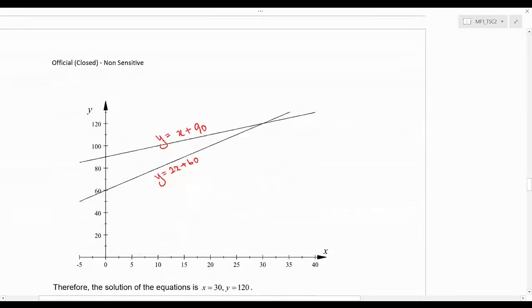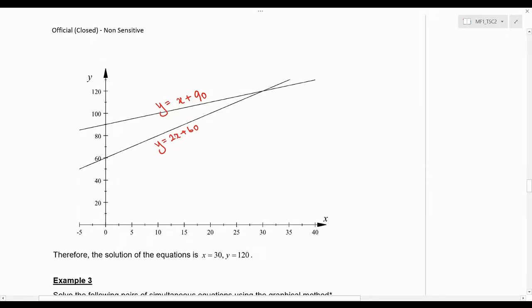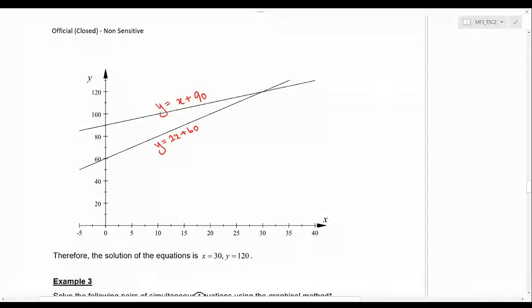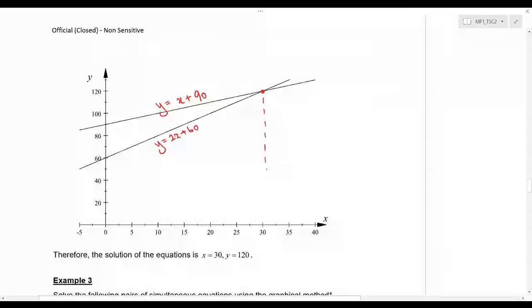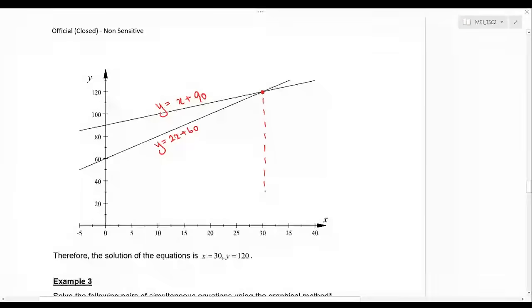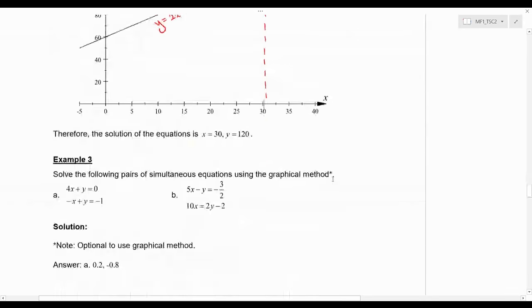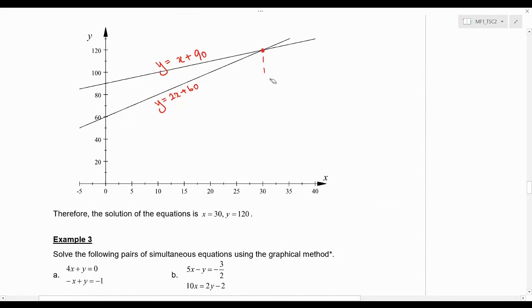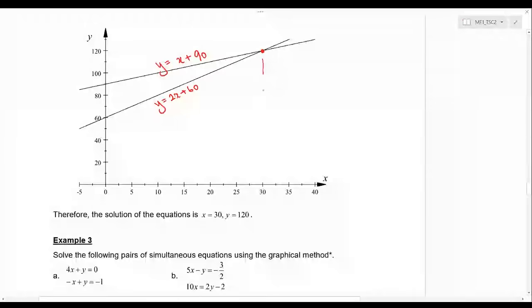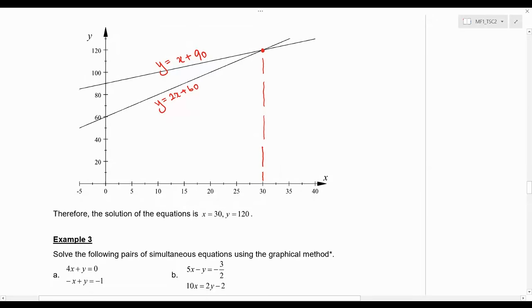So you draw these two equations and then you will see that there is one intersection, and if you draw your graph accurately, you will be able to read off the answer. Oh, my line is kind of slanted. It's supposed to be 30. Let me try to redraw it again. Yeah, it looks straighter. So the intersection reads off as x equals 30, and that's your answer.